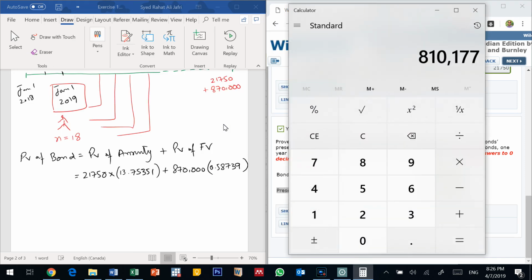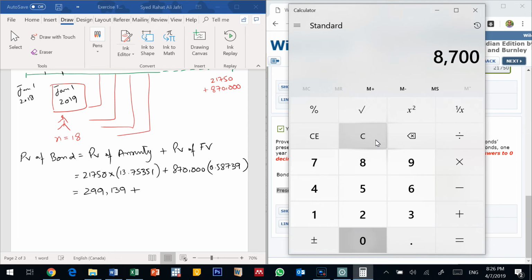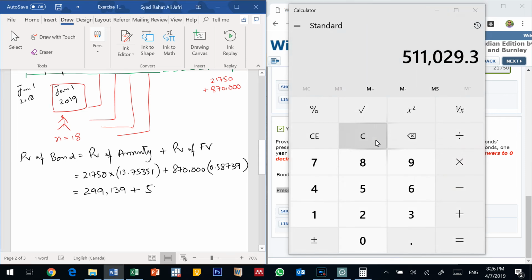So let's compute 21,750 times 13.75351, which is 299,139, plus 870,000 times 0.58739, which is 511,029.